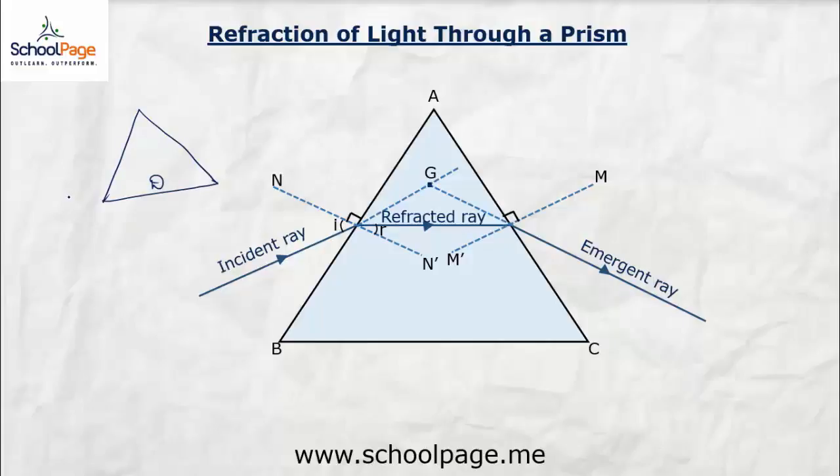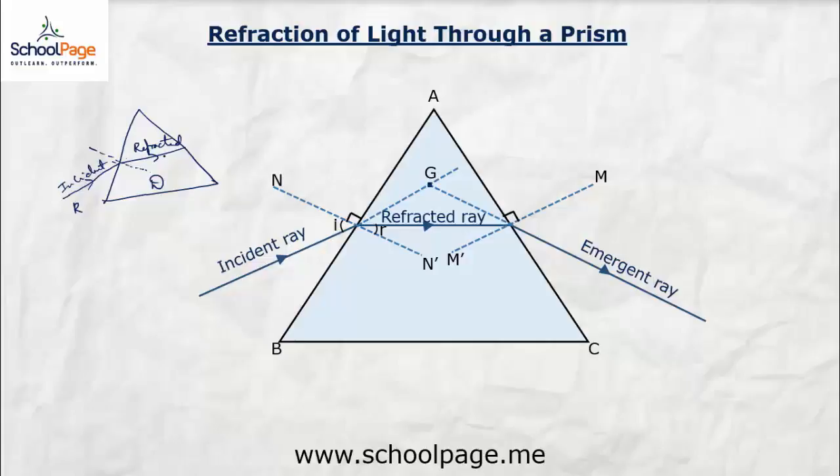So a ray of light entering from a rarer medium, so this is air outside, this is a rarer medium. When a ray of light is passing from rarer medium to a denser medium, let me draw a normal here. If this is the normal, you may notice that this incident ray, instead of going in this direction, will bend towards the normal. So this ray is called the refracted ray. This is the incident ray and this is the refracted ray.